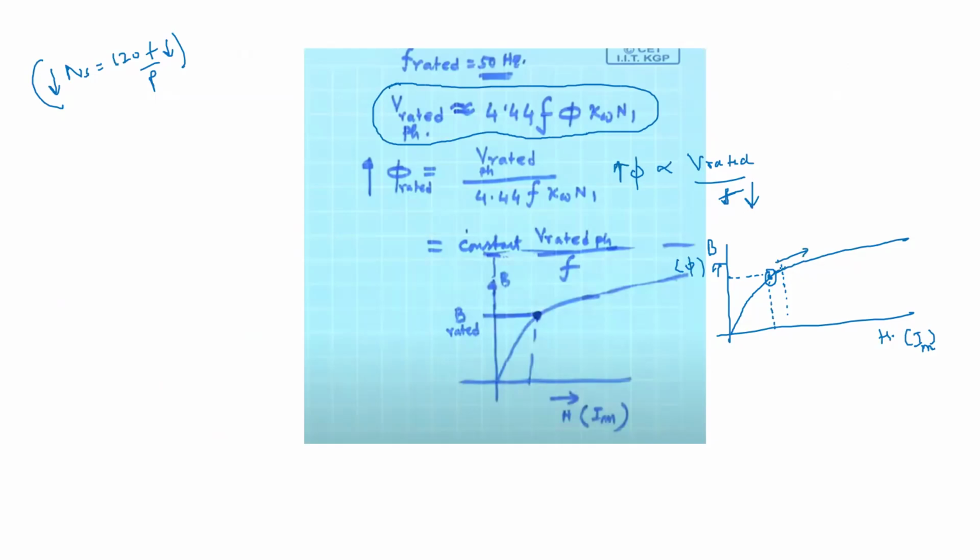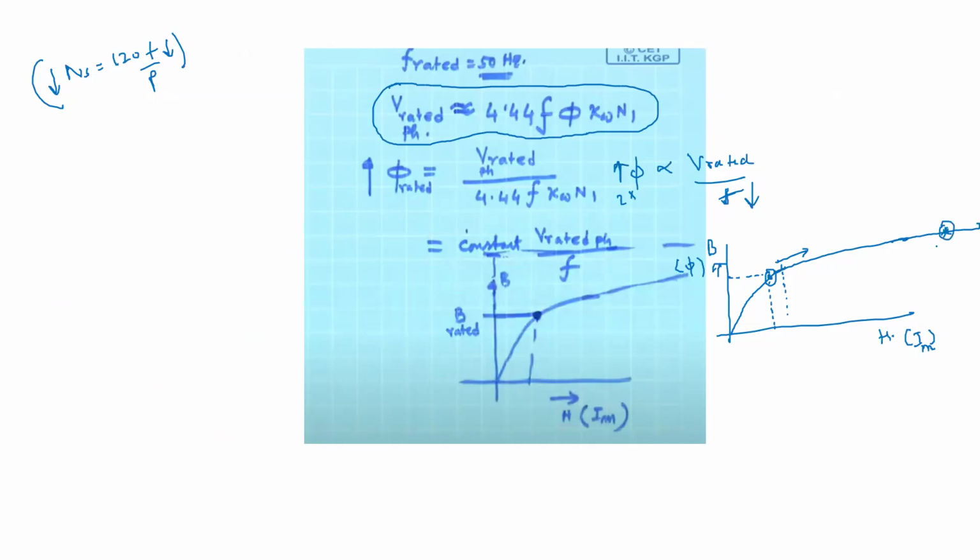But suppose you want to reduce the speed by half, so you have reduced the frequency by half, and your phi will try to become double. In that case phi will become double somewhere in the saturation region, maybe this area, because this is saturated, right? So for phi to become double, it will be somewhere very far on the right hand side.